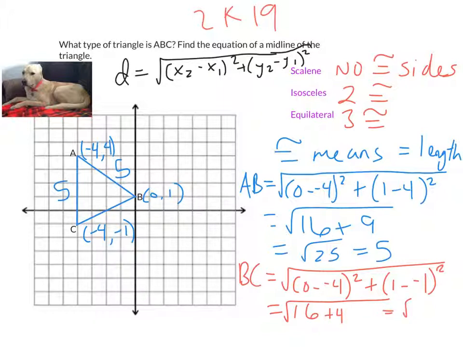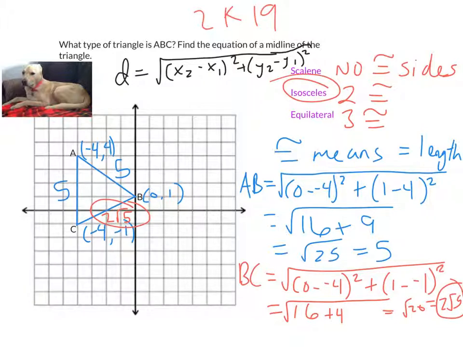So that's the square root of 20, which if you remember your factor trees would simplify down to 2 root 5. So BC is 2 square root 5. Or you could do a decimal: the square root of 20 as a decimal would be about 4.47. I'm cool with whatever. In algebra, they'll want you to simplify it like 2 root 5. Lovely. So what does this mean? This means it is isosceles.